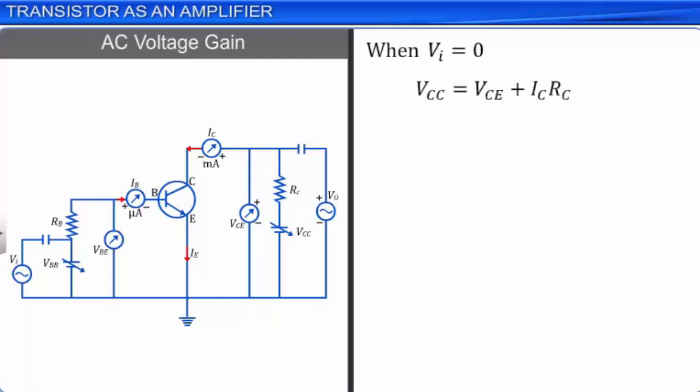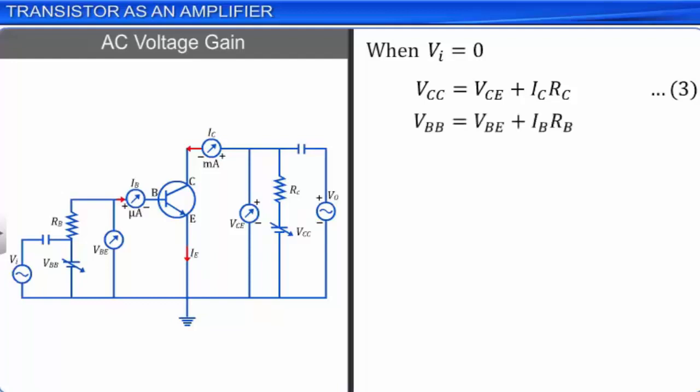Similarly, applying Kirchhoff's law to the input part of the circuit, we get VBB is equal to VBE plus IB into RB. Let this be equation 4.